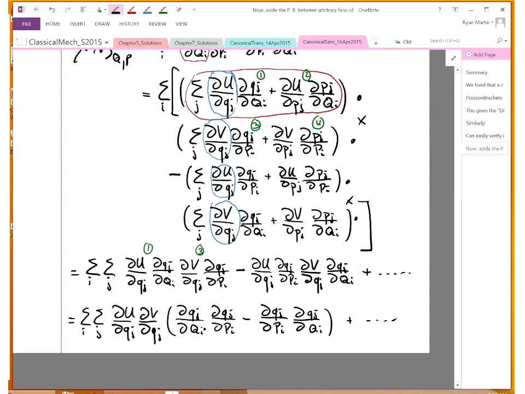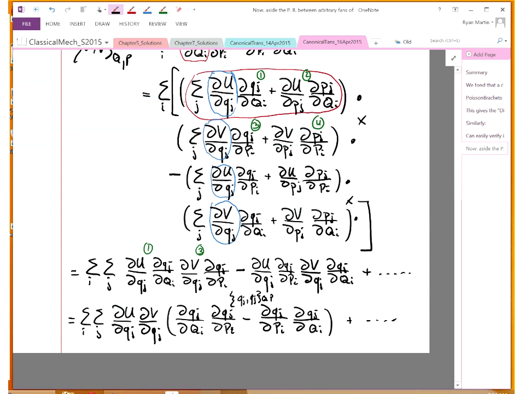So if I particularly do the sum over i first, the thing in parentheses is the Poisson bracket of lowercase qj with itself, evaluated in the capital Q and capital P. You guys believe me?